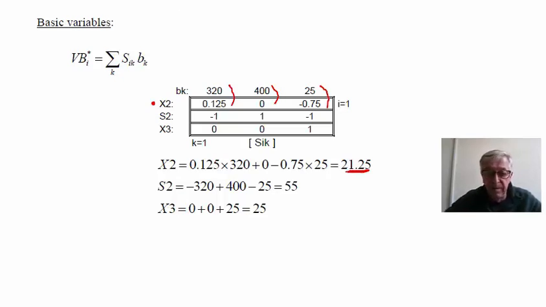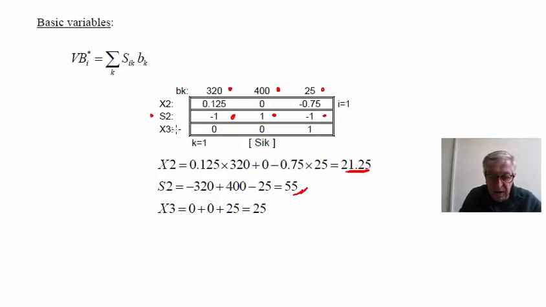Now for the other basic variables, the basic values in the other two lines, we do essentially the same thing. For example, in S2, we multiply this coefficient by minus 1, this one 400 by 1, and 25 by minus 1. So this is what we have here, and the result is 55.